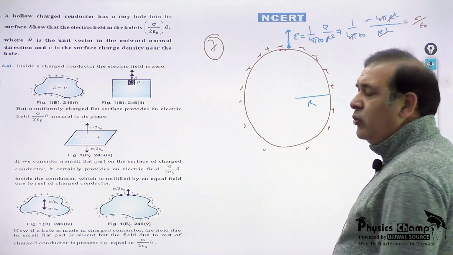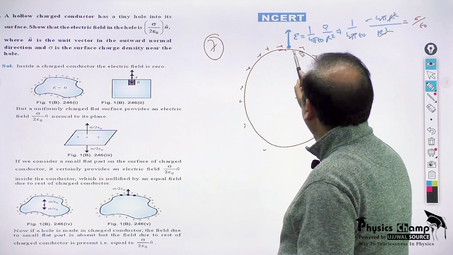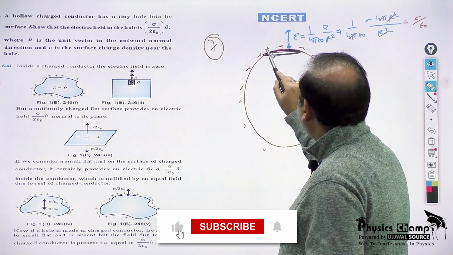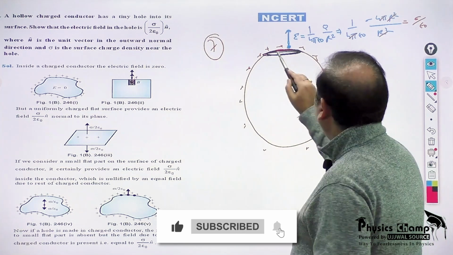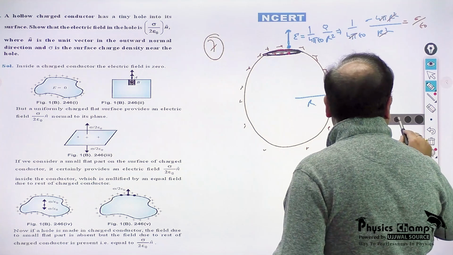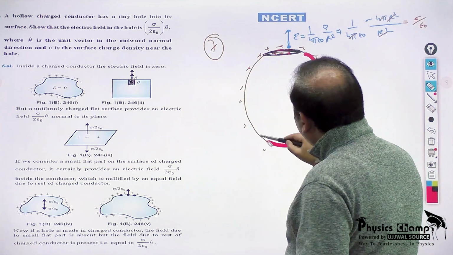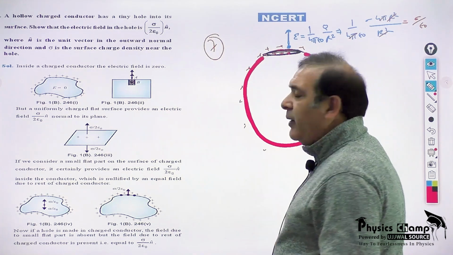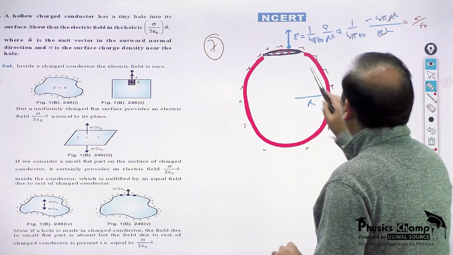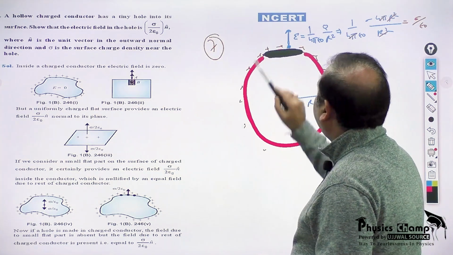Now I can assume as though this surface was made up of two parts. One was this small sheet, and one was the leftover sheet. So I am assuming as though one side is this leftover part of this hollow conductor and one is this small sheet, a small part of it.